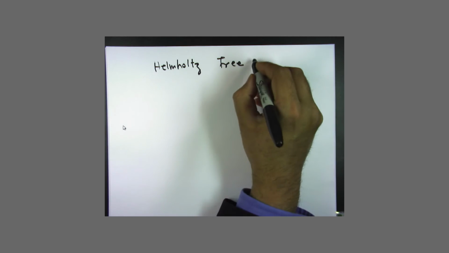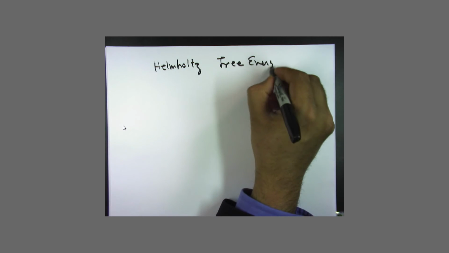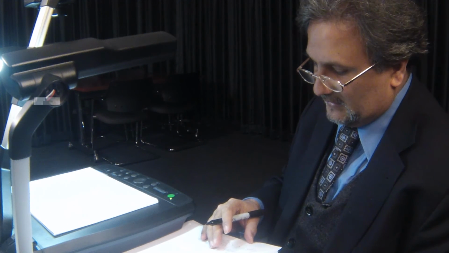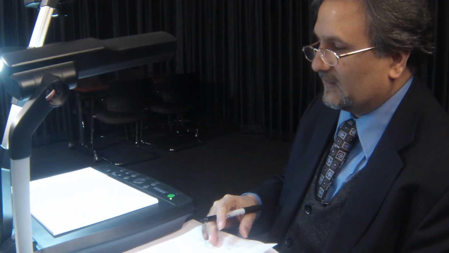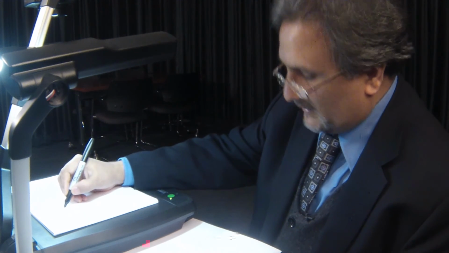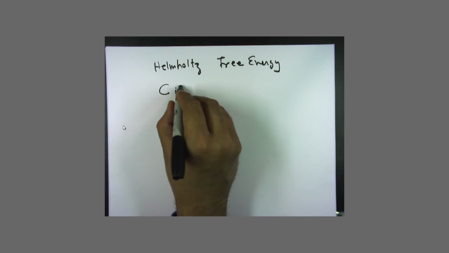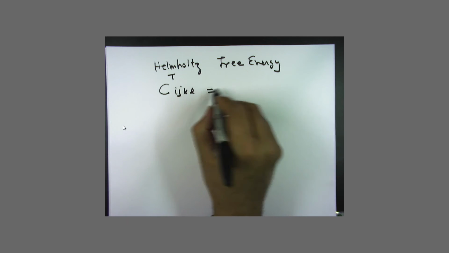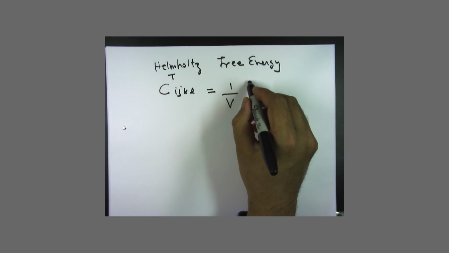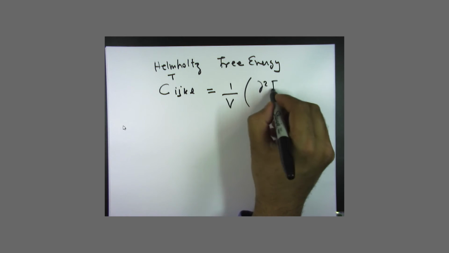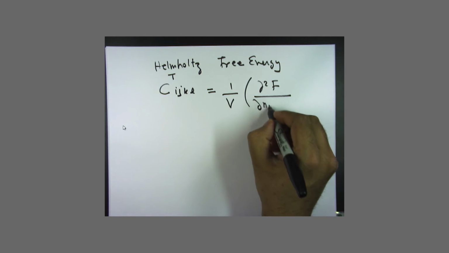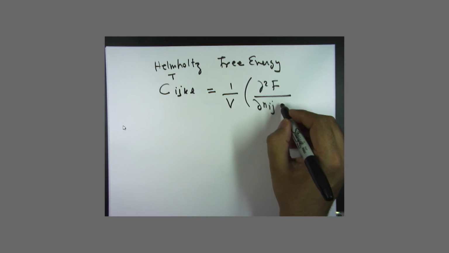So, we are using energy and using the laws of thermodynamics to understand the changes in the elastic constant. In this case we are looking at C_ijkl, the tensor that we already know, which is equal to 1 over V times the second derivative of the Helmholtz free energy with respect to the strain eta_ij and eta_kl.